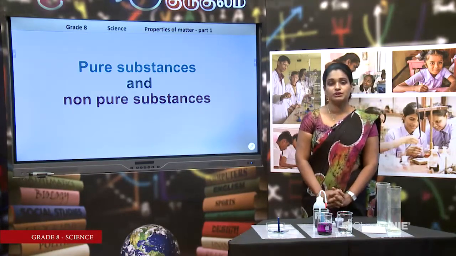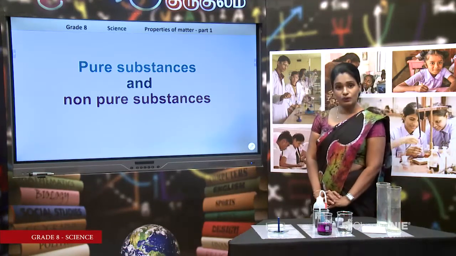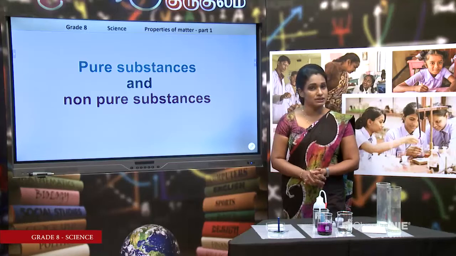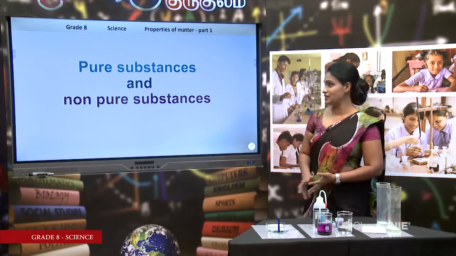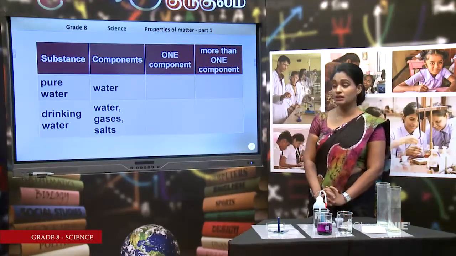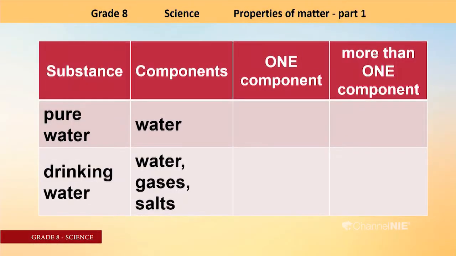Now we are going to talk about another new topic, that is pure and non-pure substances, right. Shall we see what are those pure and non-pure substances? Here in this table, can you see you have been given two substances.